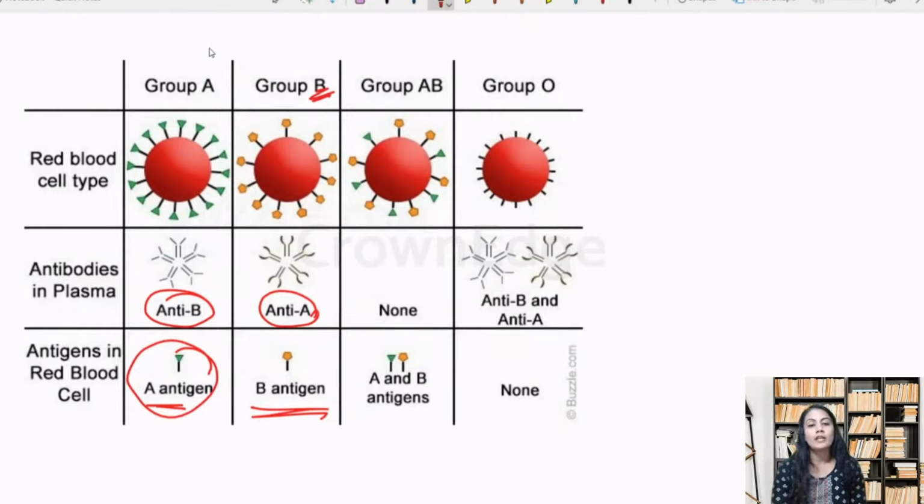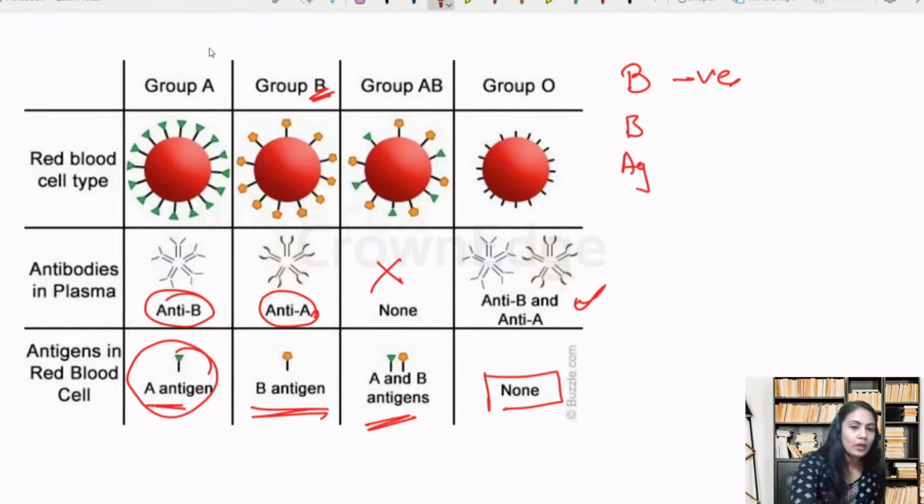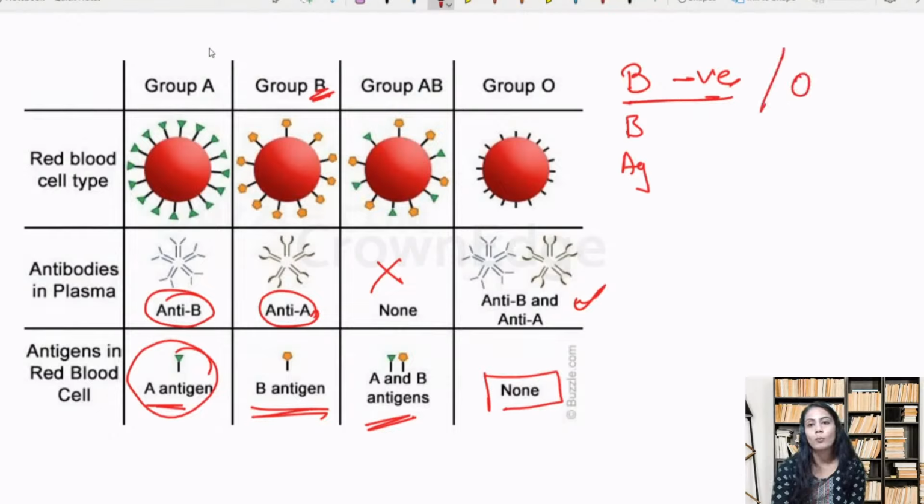What if both antigens are present? None of these antibodies will be present because of Landsteiner's law, and vice versa. If none of the antigens are there, both antibodies will be present. So if we talk about the B negative blood group, that means he is going to have the B antigen, and he is not going to have the anti-B antibody. So either he can receive blood from the B negative blood group or from the O negative blood group. Okay, so O blood group, let's write.